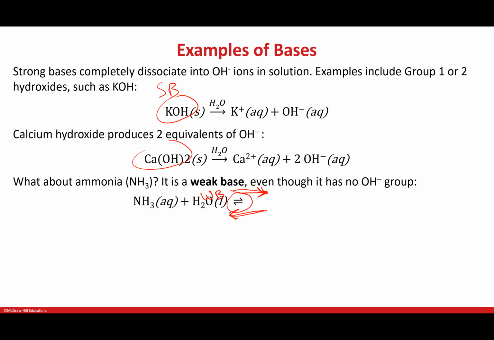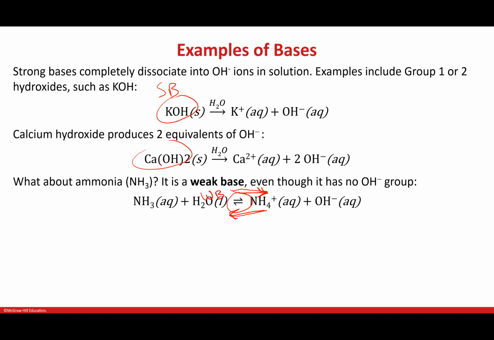Well, let's see how we get the hydroxide. Here's how we get the hydroxide. On the product side, it's NH4 plus and OH minus. NH4 plus, OH minus. That's your hydroxide. That makes it a base. And do you see where I use the word abscond?